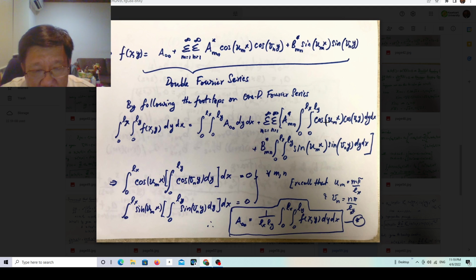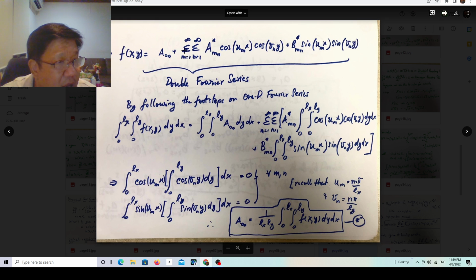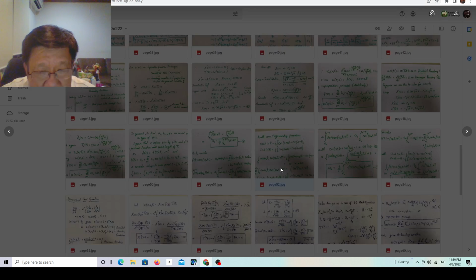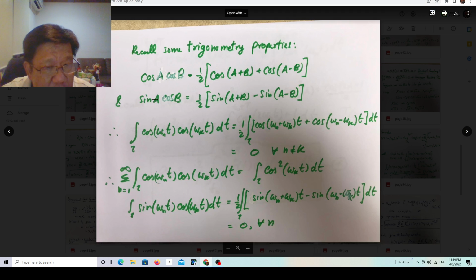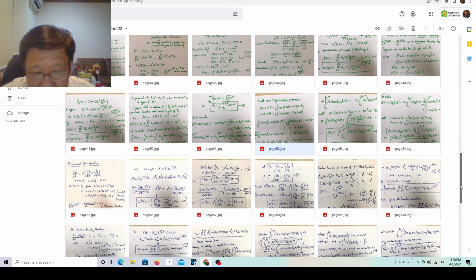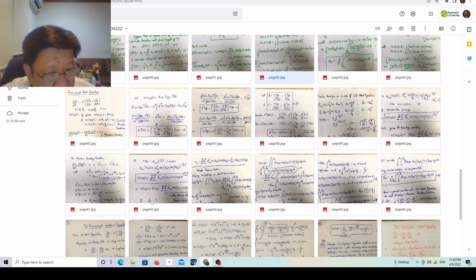We can expand the term of cos, if you might remember, this is what we did over here. We refer to the trigonometry function, where cos and sine become the sum of cos sum, and subtraction of sine sum and sine minus. So in a similar way we use this trigonometry principle.